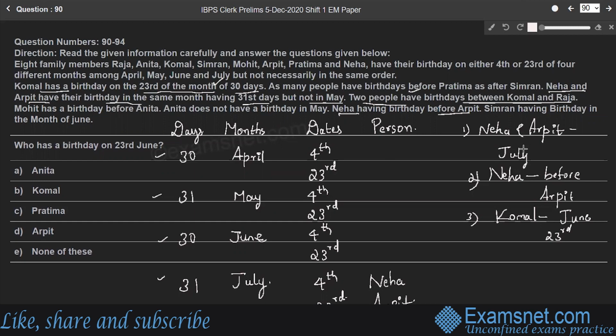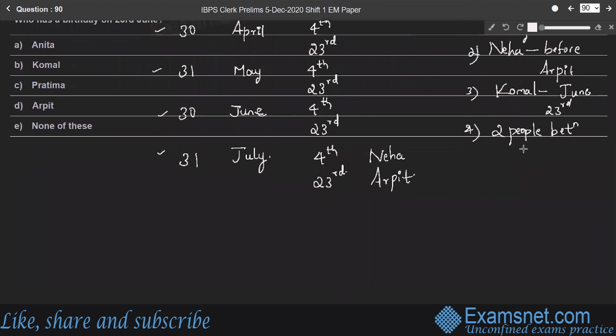That means 2 people between Komal and Raja. So if we consider Komal was born on 23rd of June, because June has only 30 days, and two people between Komal and Raja, then Raja's birthday will be on 4th of May.